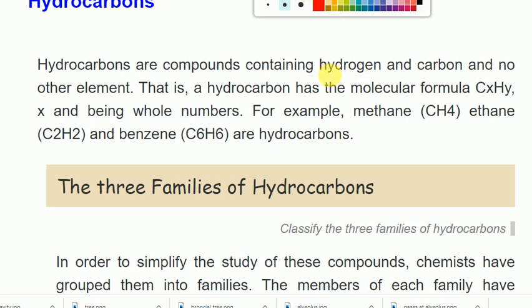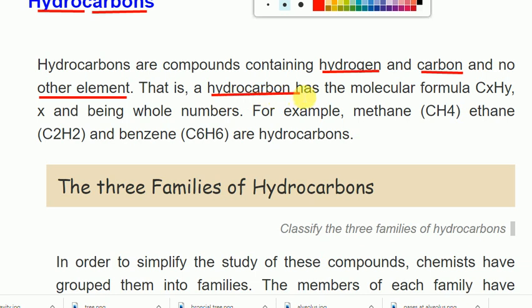You need to understand this: compounds composed of hydrogen and carbon. That's why they are called hydro, then carbons. So hydrocarbons contain hydrogen and carbon only. No other element.